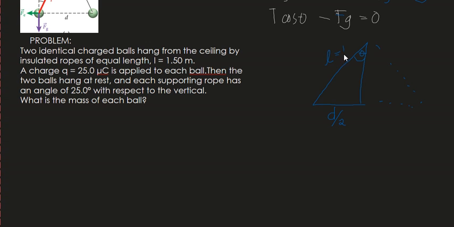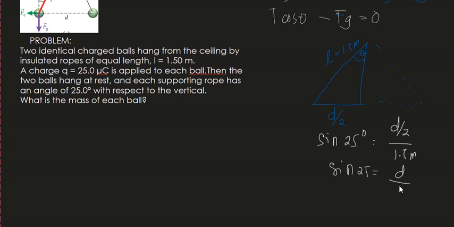Equal to 1.5 meters. So if we are going to find the value of sine theta, for example sine 25, since 25 is our angle, this is equal to opposite over hypotenuse. Opposite is d all over 2, and L is 1.5 meters. So sine 25 is equal to d all over 3.